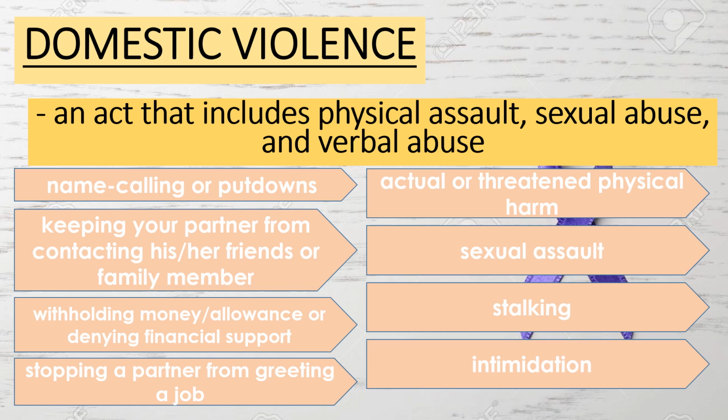But nowadays, not only partners experience domestic violence. Even children at home experience domestic violence in their homes. When their parents are not on good terms, sometimes the children suffer from physical assault, sexual abuse, or verbal abuse.